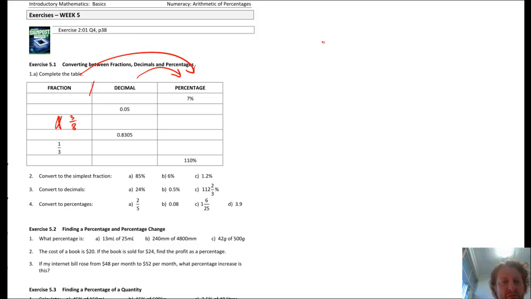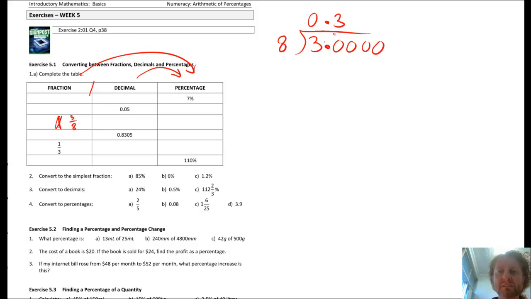Now, fraction to decimal, that really was last week's stuff. That was just getting the number 3 and dividing it by 8. I might need some zeros here. 8s out of a 3, I don't think I can get 8s out of a 3. 8s out of a 30. Well, 3 8s are 24, 4 8s are 32. I can't get 32 out of 30. I've gone too far. 3 8s is 24, which leaves me a 6. 8s out of a 60, the best I can do there is 7 8s of 56 with 4 left over.